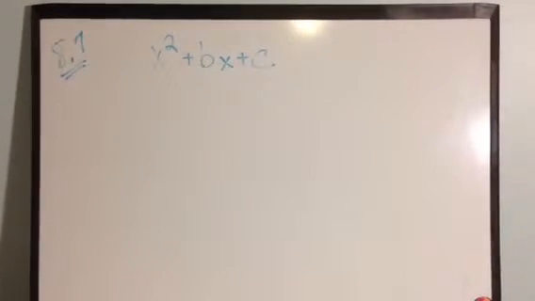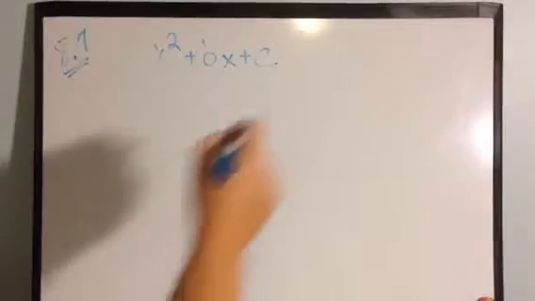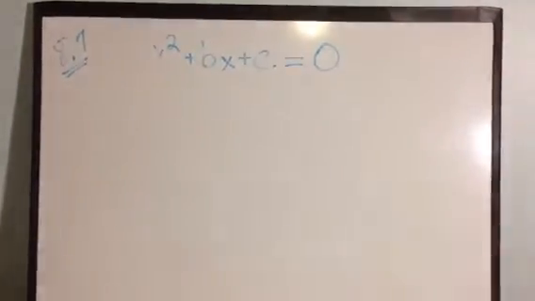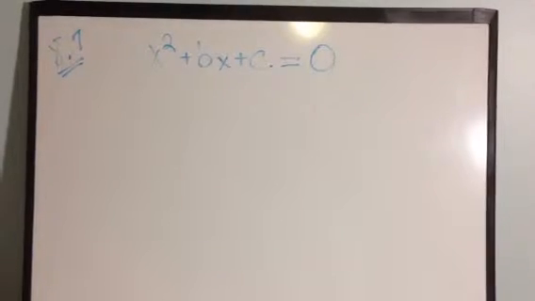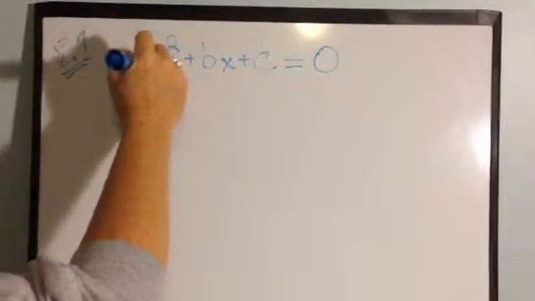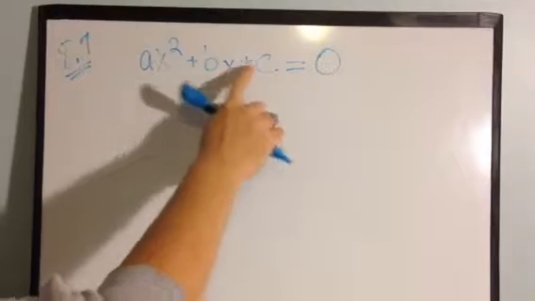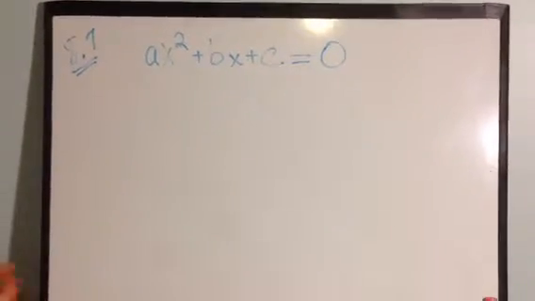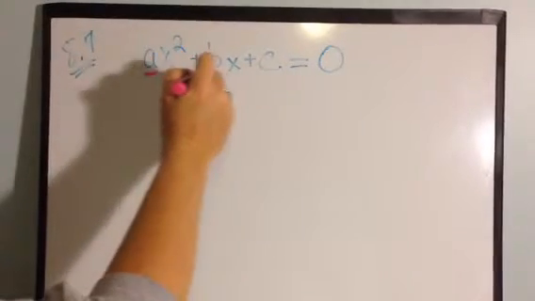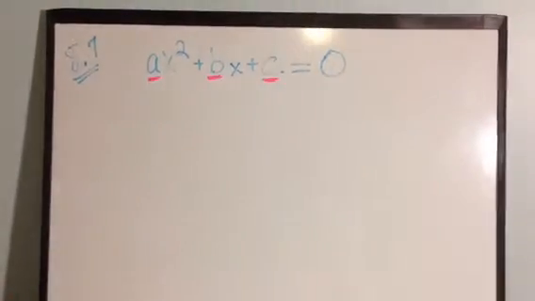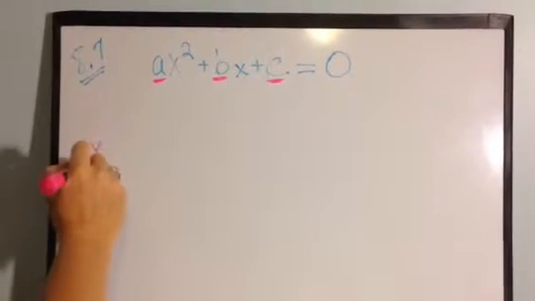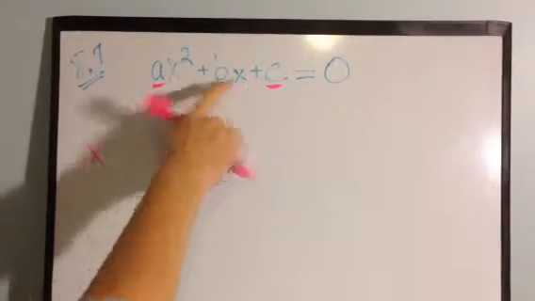Now, in these quadratic equations, remember, an equation has to have an equals. So you want it set equal to 0, okay? Now, in this is my a, x squared plus bx plus c equaling 0. Each of these terms is going to carry a very special place in the quadratic formula. So here's what the quadratic formula says. X, and that's what you're going to be solving for.